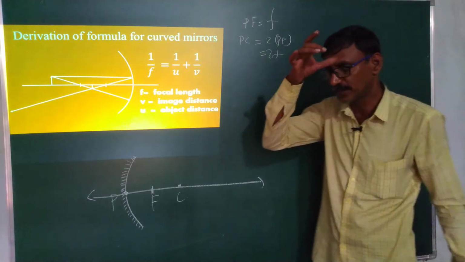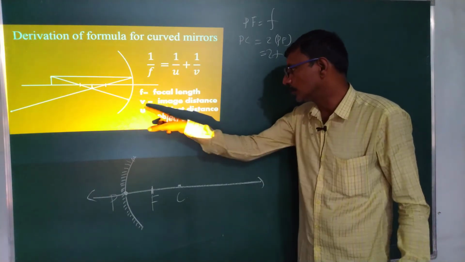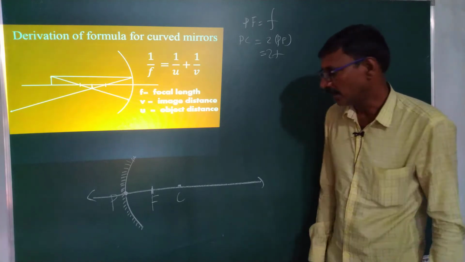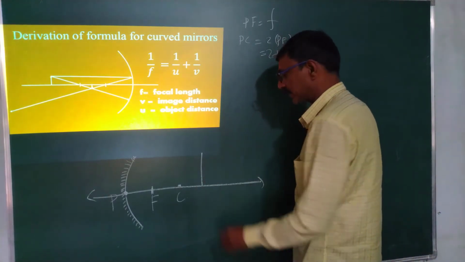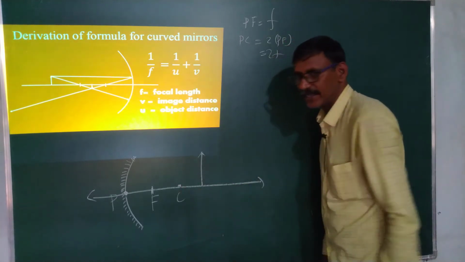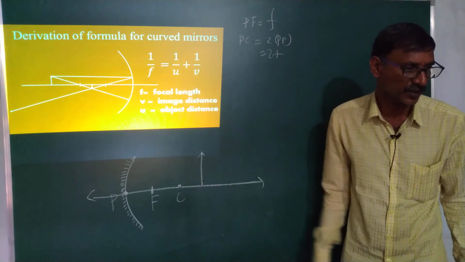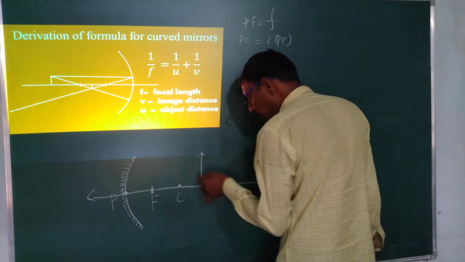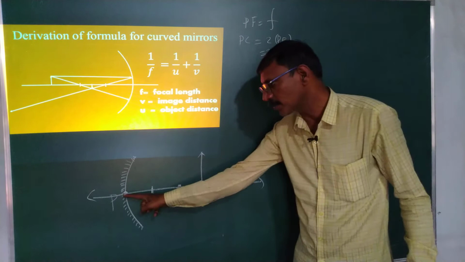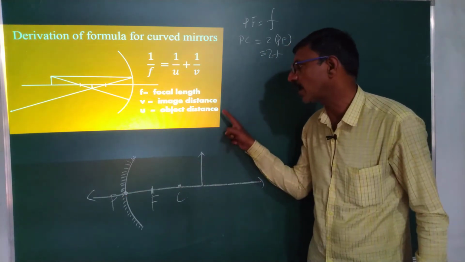And next, we come to u and v. When we place an object beyond C, the center of curvature, the distance from the pole to the object is called the object distance.